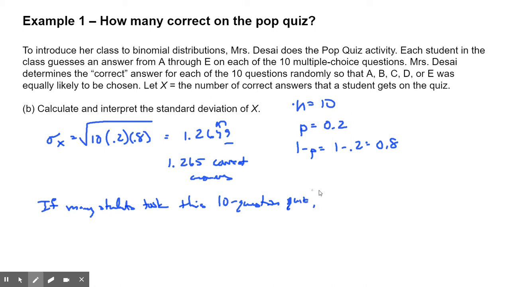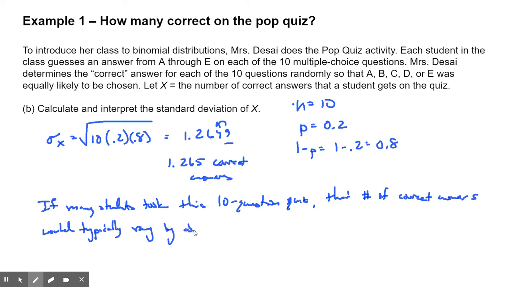Their number of correct answers would typically vary by about 1.265 from the mean of 2.